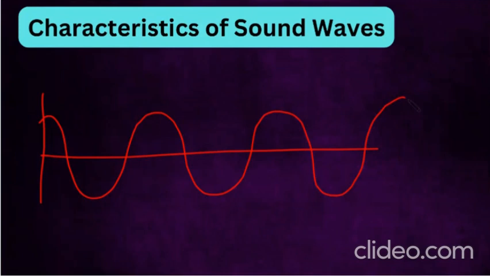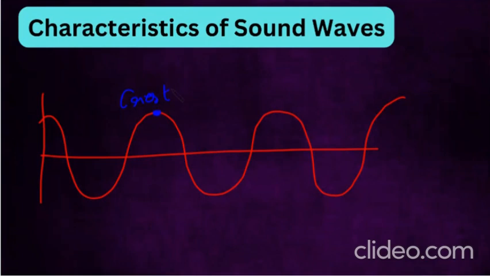Now, based on this, we have some terms. First, this topmost point, upper वाले part में जो ये curve का जो सबसे top point होता है, that is known as crest.